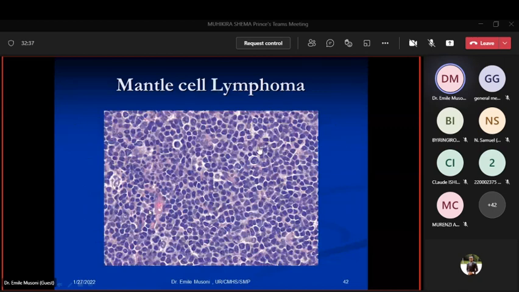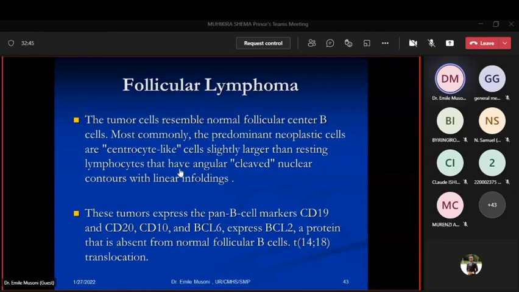Here is an image of lymphoma. A follicular lymphoma. This one is the proliferation of those follicles. They say the predominant eosinophilic cells are central. These tumors express CD19, CD20, CD10, and BCL2.